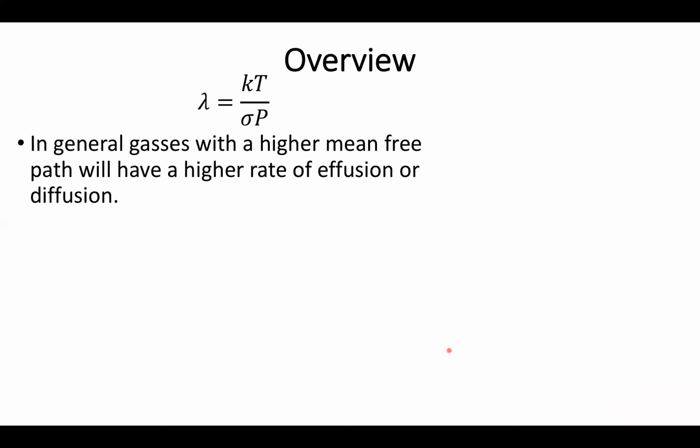In general, what this means is that if a molecule has a higher mean free path, so this value is larger, it's going to have a higher rate of effusion. This is essentially if I release a gas molecule into an empty room, how far will it travel? Or diffusion, which is the more typical case: how much is a gas molecule going to move in a matrix of air?